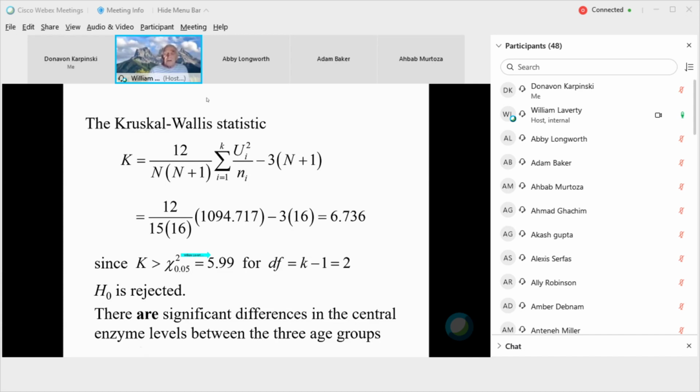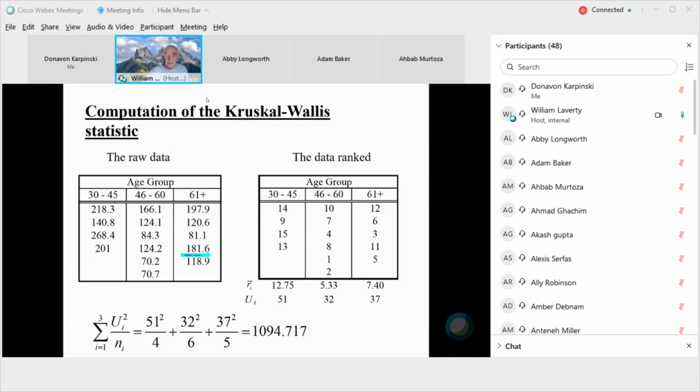So we would conclude that there are significant differences in the enzyme levels between the age groups. If we go back to the data, you can sort of see that the enzyme levels for the 46 to 60 year group are smaller. They have smaller ranks than the youngest age group and the oldest age group.